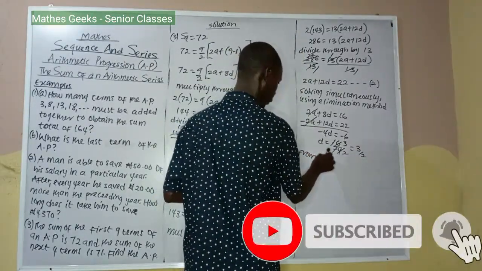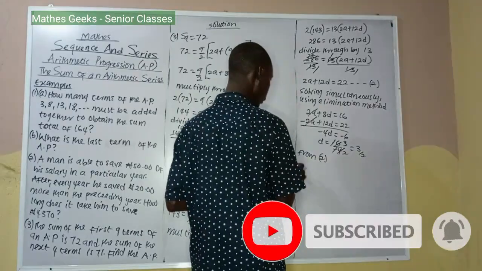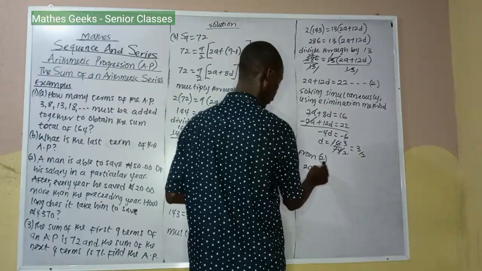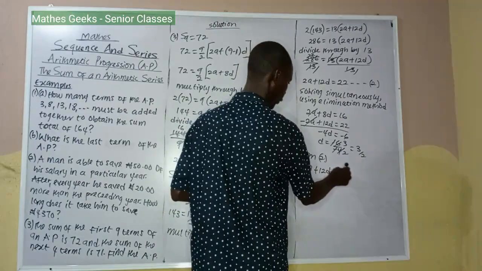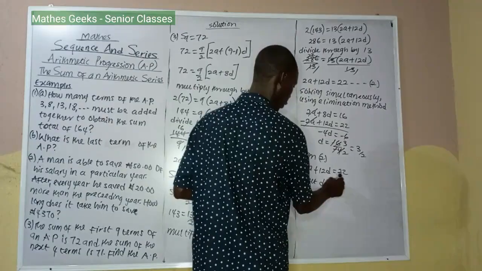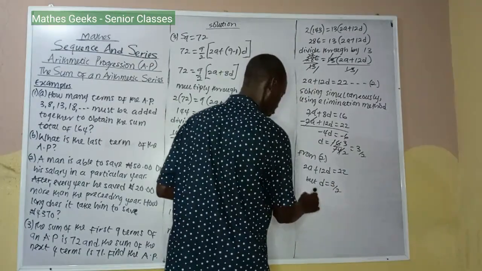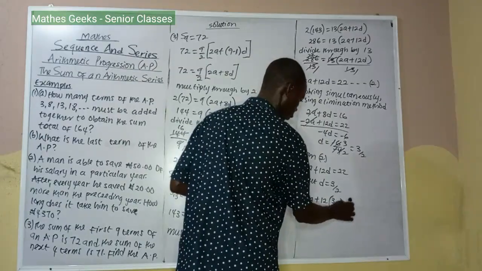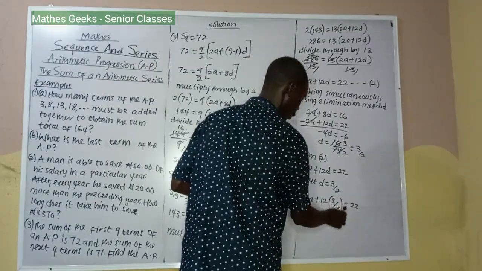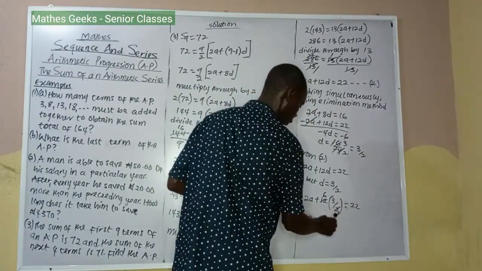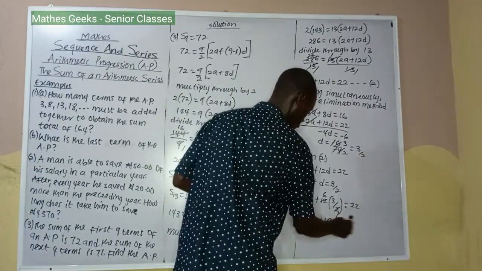From equation 2, 2A plus 12D is equal to 22. But D is equal to 3 over 2. So 2A plus 12 times 3 over 2 is equal to 22. 2 here 1, 2 here 6. 2A plus 6 times 3, which is 18, equals 22.